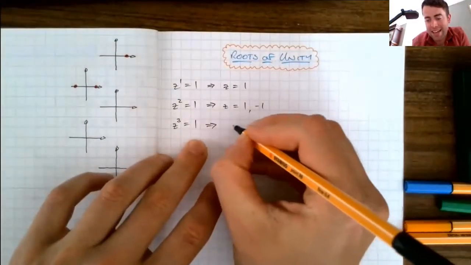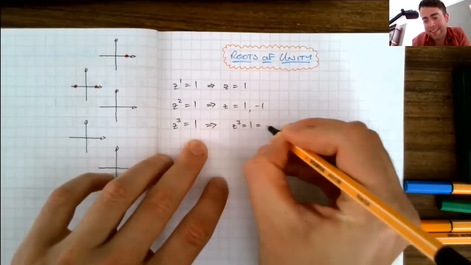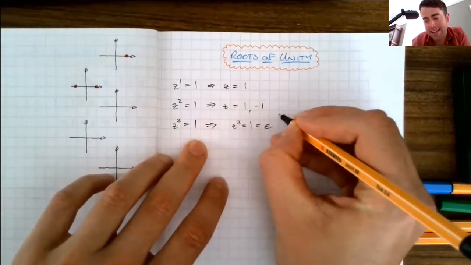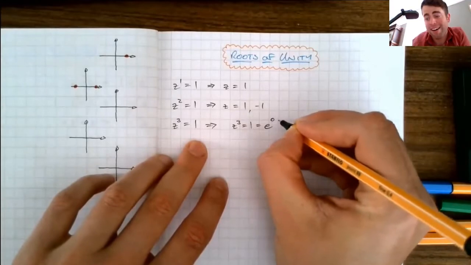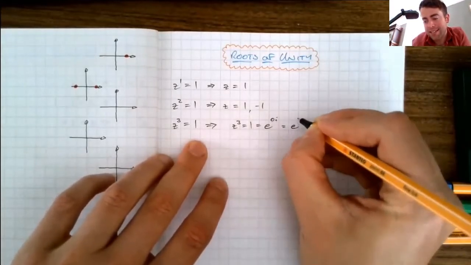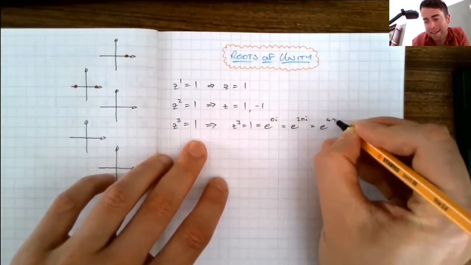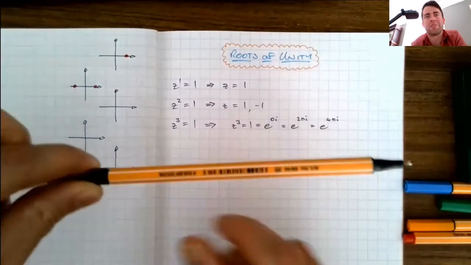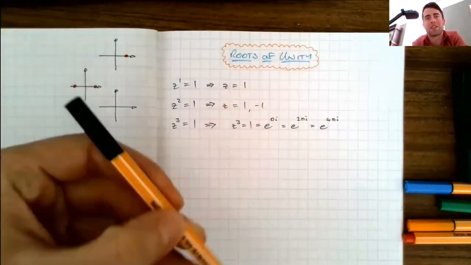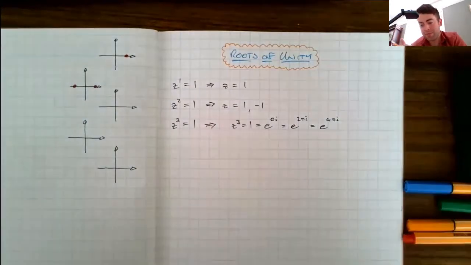So we say if z cubed is 1, that is the same as e to the 0i, which is the same as e to the 2 pi i, which is the same as e to the 4 pi i. I'm going to use a range of arguments that just includes positive arguments. I'm going to go all the way around that way rather than using negative arguments.